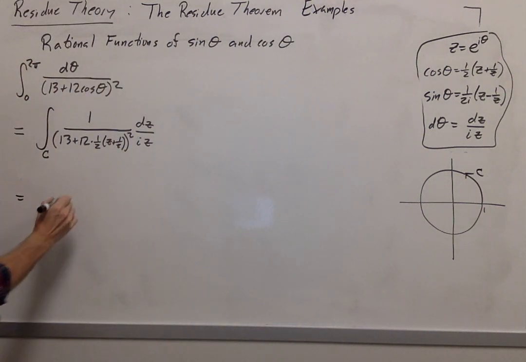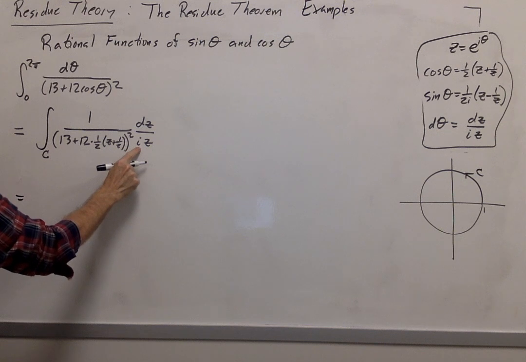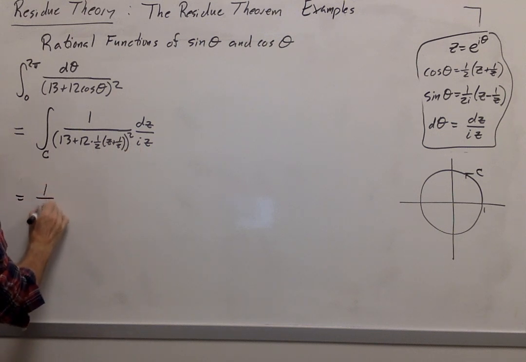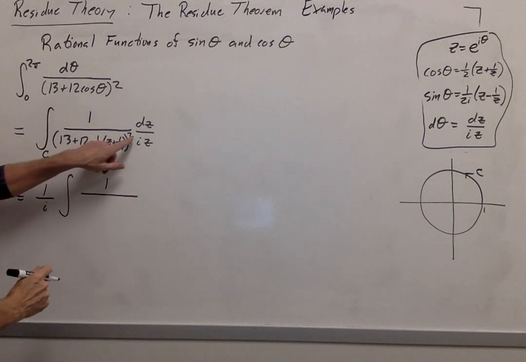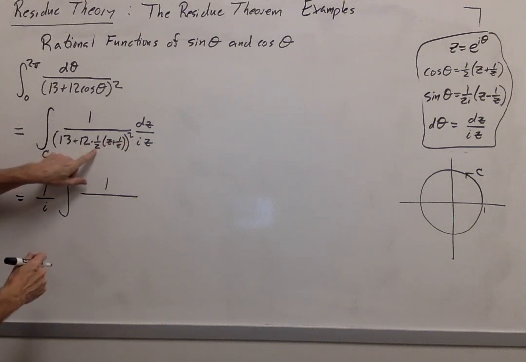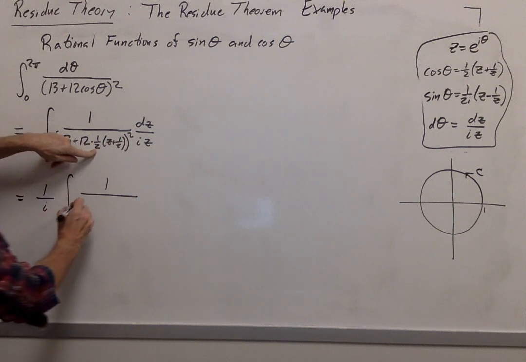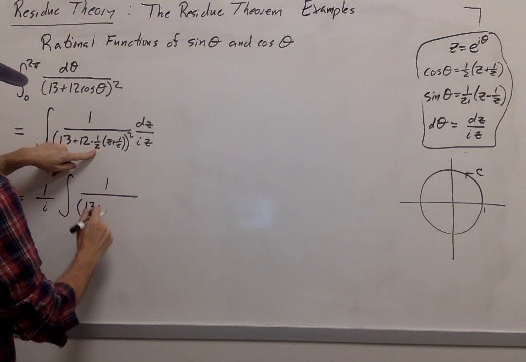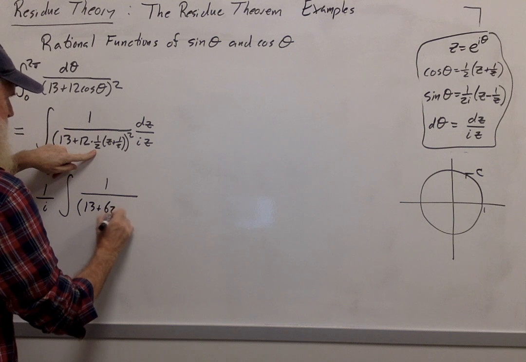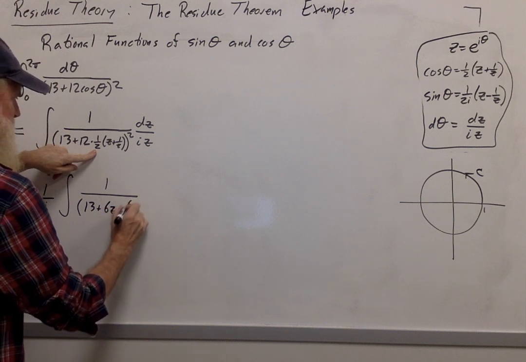Okay, let's spend a little bit of time simplifying. We can factor the 1 over i to the front again. Inside the square, half of 12 is 6. And 6 times z plus 1 over z will be 6z plus 6 over z.